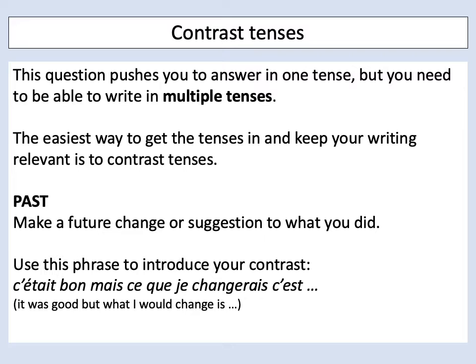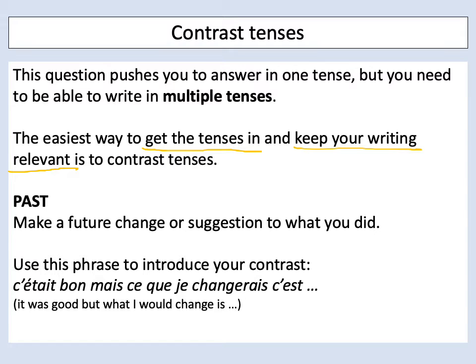The easiest way that I'm going to suggest to do both of these things, so first off, get the tenses in the first place, but then also keep what you're saying relevant, because irrespective of what it is you're talking about, it still needs to be relevant to the question, is to do a little bit of a contrast between the two things and make that link and that connection really explicit.